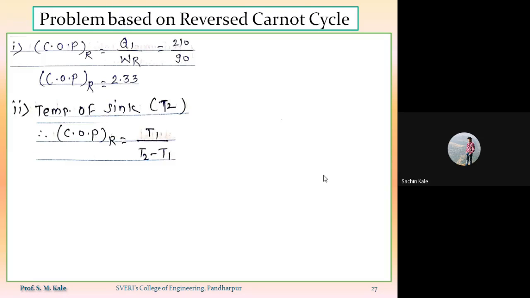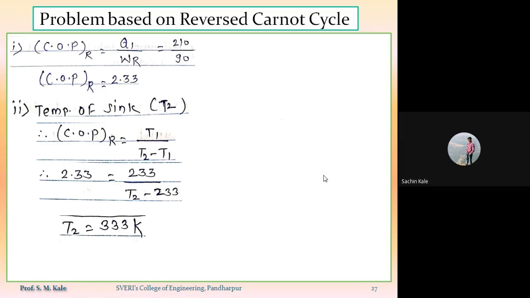As I know the COP of refrigerator, I will use the formula COP of refrigerator equals T1 divided by T2 minus T1. Put the values of T1 and COP, and I will get the value of T2, which we get as 333 Kelvin.